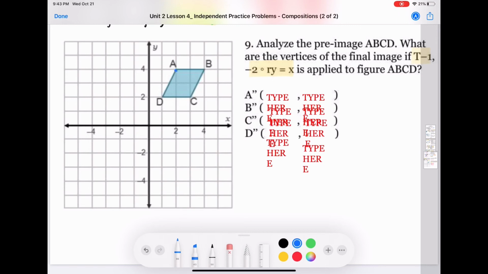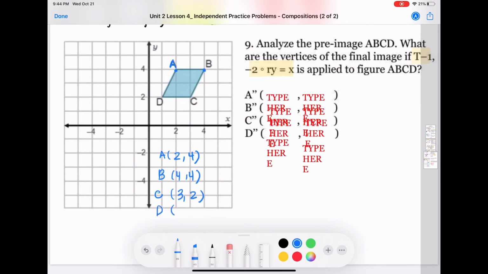So A is located at (2, 4). B is located at (4, 4). C is located at (3, 2).